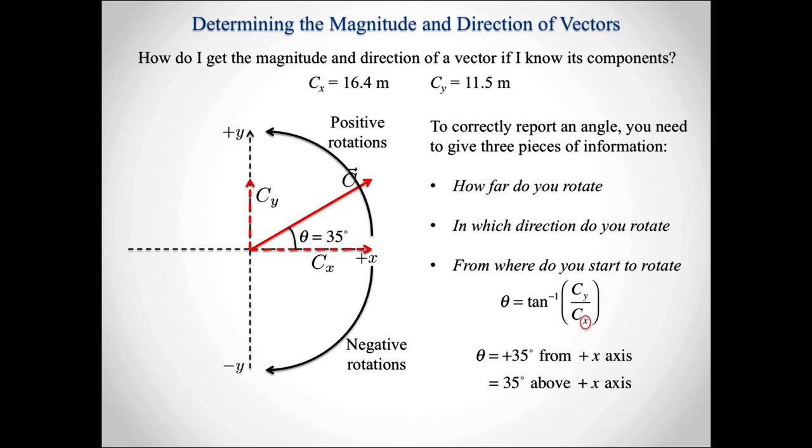One way that I can report this is I've rotated positive 35 degrees from the positive x-axis. Another way that I can say it is that's 35 degrees above the positive x-axis. Okay? Above is taking care of the plus or minus in terms of the direction of rotation.